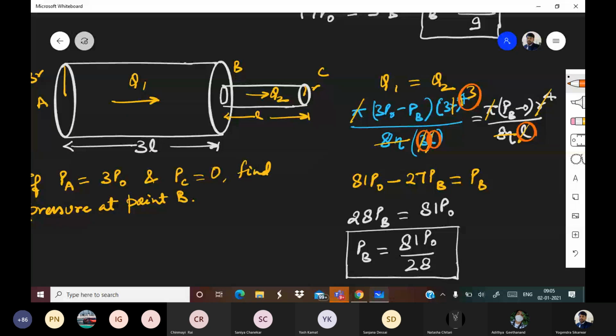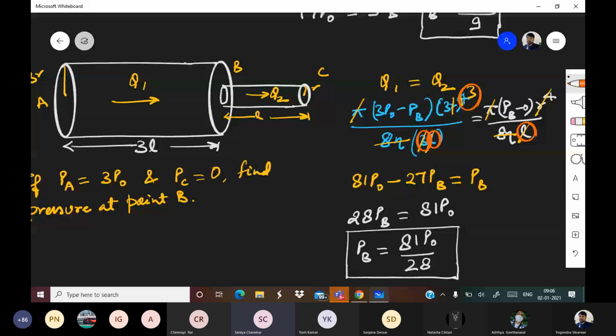When the 3 in the denominator cancels, the power becomes 3. Understood? Not properly, sir.